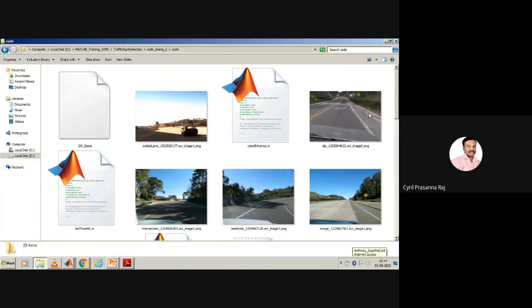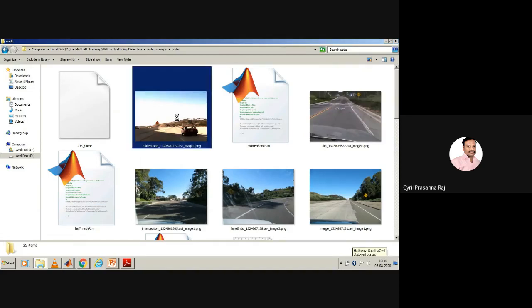Okay, these are the template images. If you see this image, this is one image that is a ready-made image available in the code, which they have used to develop this.